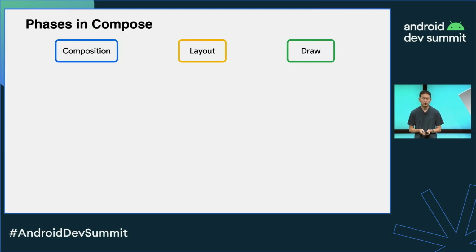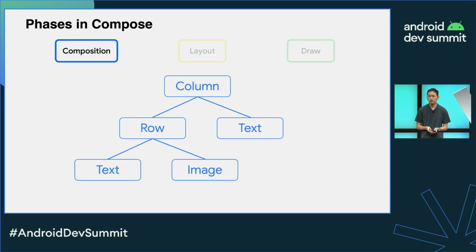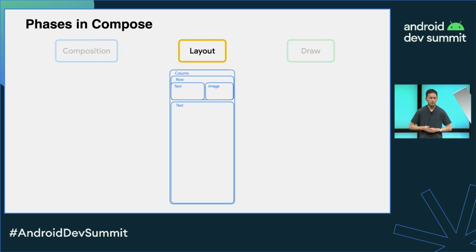Remember that compose has 3 phases. The composition phase determines what to draw by building the tree of composables. The layout phase takes that tree and determines where to draw by calculating them.